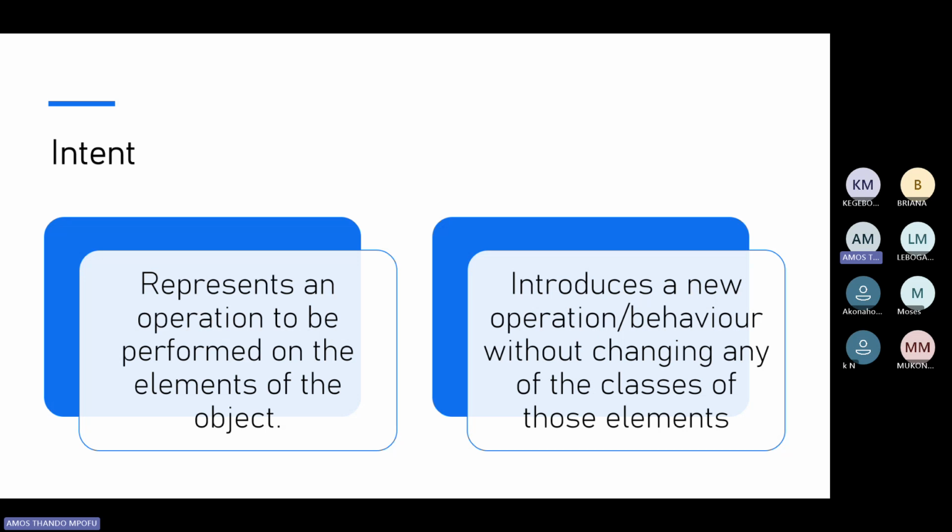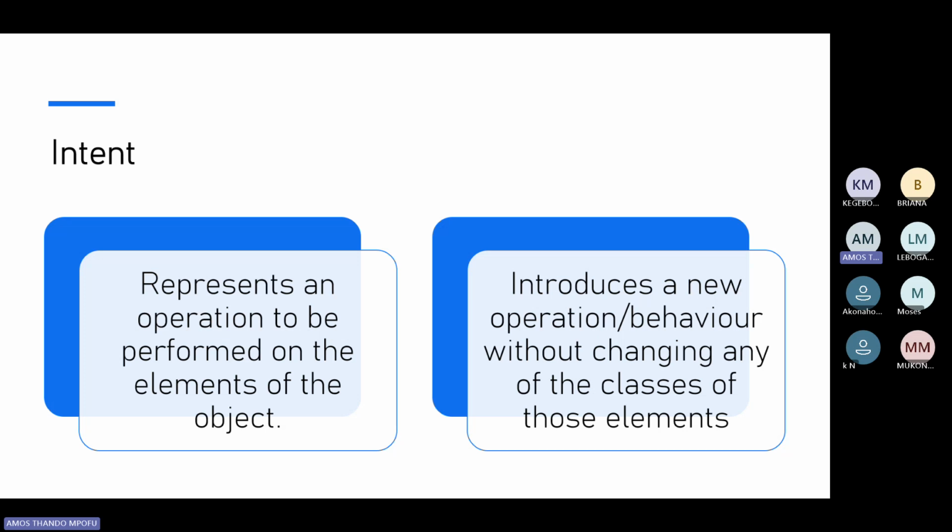We can use a visitor design pattern for that, whereby we define what type of operation each doctor performs. There's the heart surgeon, there's the one for the eyes, the radiographers, and maybe one for the bones. So you can represent an operation that needs to be performed on the objects.